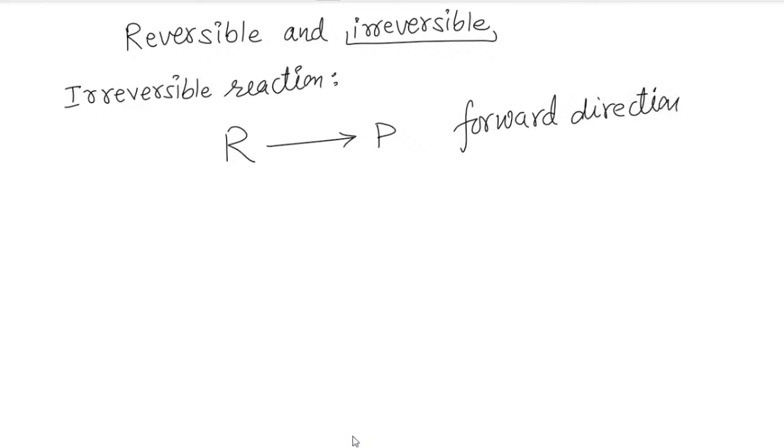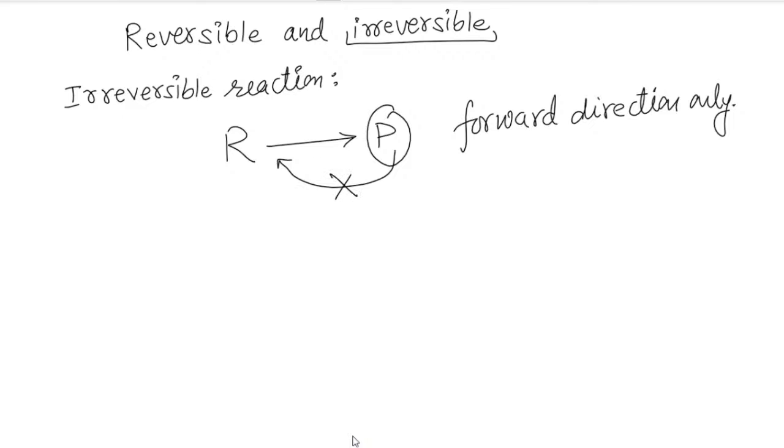That is called irreversible reaction. Or in such a reaction, products do not react to produce reactant back. Yes, very good. So now you can say that this reaction does not move in the backward direction.